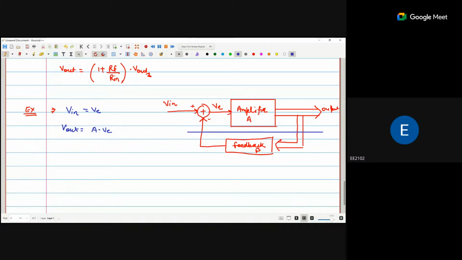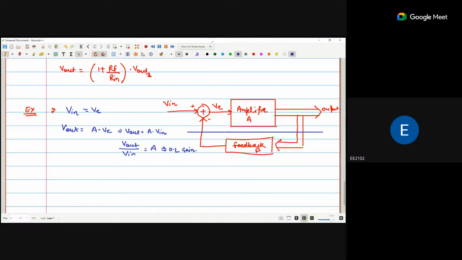Now if I put VE equal to V in, we can say V out is equal to A times V in, and V out upon V in is what? A. That is called the open loop gain. That means there is no loop.